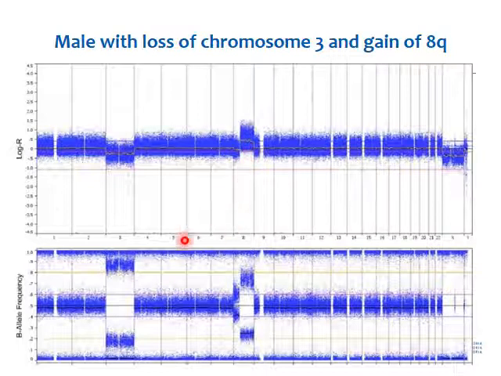The bottom represents the B allele frequency, showing loss of heterozygosity of chromosome 3 and allelic imbalance of chromosome 3 and 8 respectively. Note the X and the Y chromosome, where the SNP array indicates that it's a male individual, and there's a loss of heterozygosity for the X chromosome for obvious reasons.